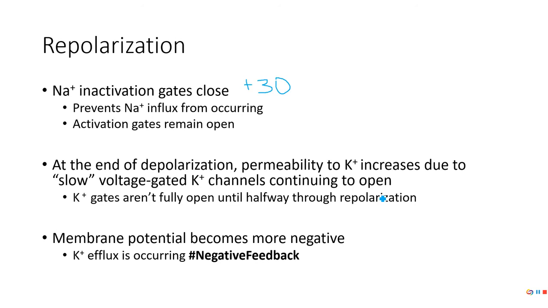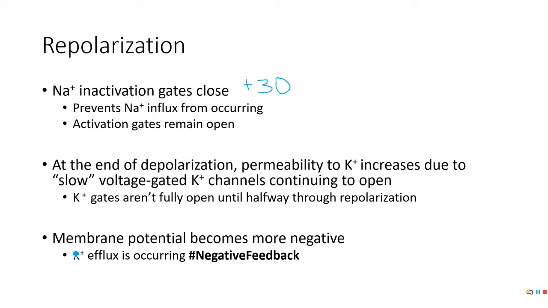Even though the activation gate's open, because the inactivation gate's closed, sodium can't go in. Once we hit this, the voltage-gated potassium channels are almost all the way open, so even more potassium is able to go out of the cell. This causes membrane potential to become more negative, and we call this repolarization because we're returning to our original negative state.